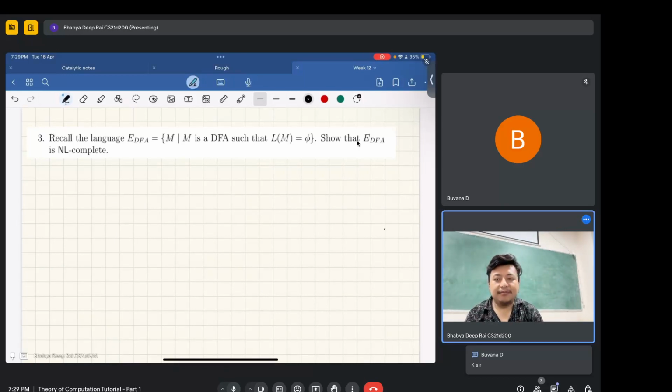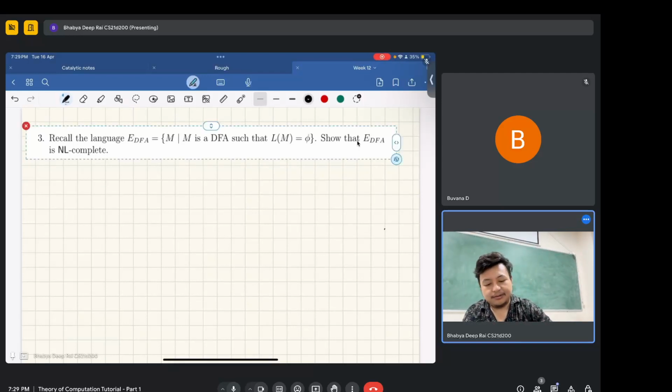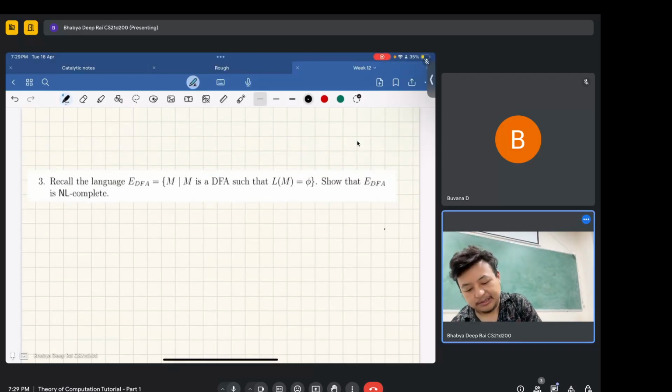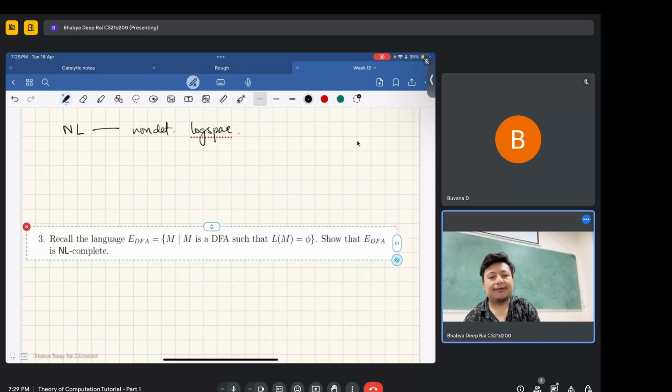So now we'll look at NL and NL completeness. What is NL first of all? We know what log space is. NL is non-deterministic log space. Like NP, there are two definitions of NP, right? One definition is there is a non-deterministic Turing machine that runs in polynomial time.